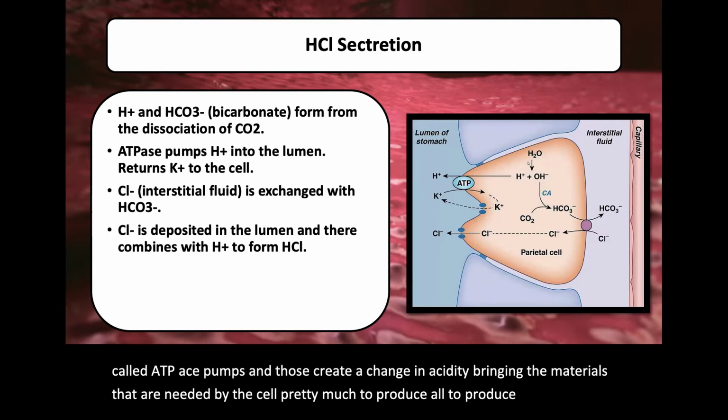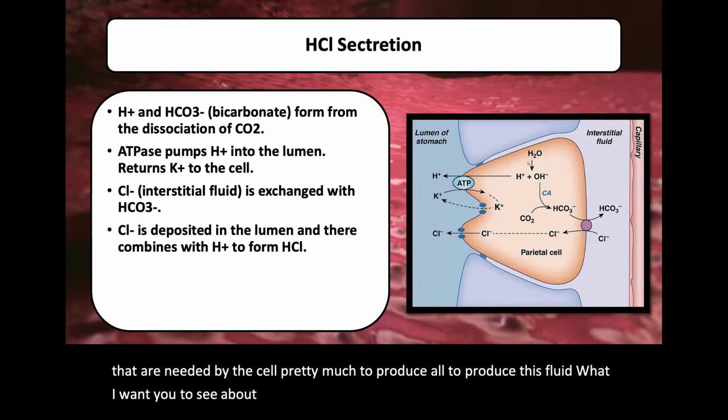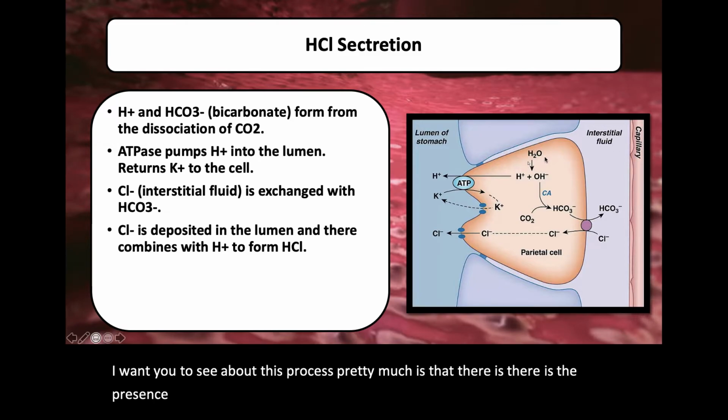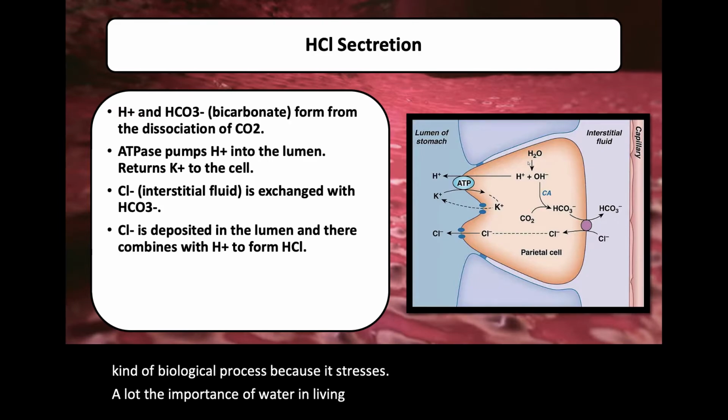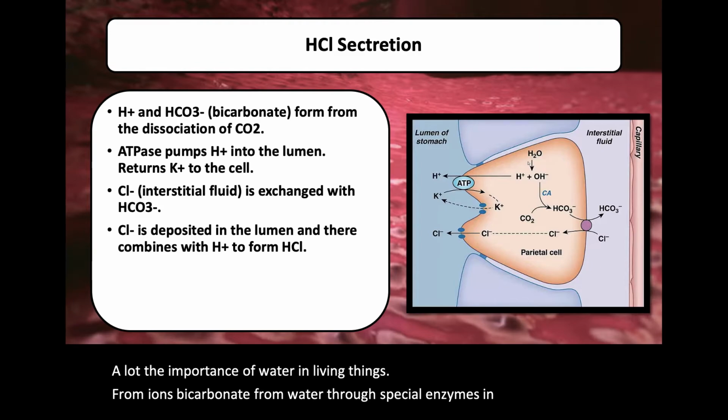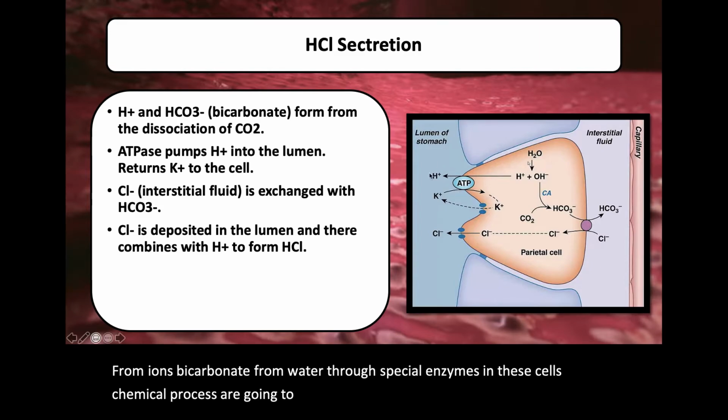What I want you to see about this process is that there is the presence of water in here, and always stress the importance of water in every kind of biological process, because it shows how important water is in living things. From bicarbonate ions and from water, through special enzymes in the cells, chemical processes occur and both components are created.